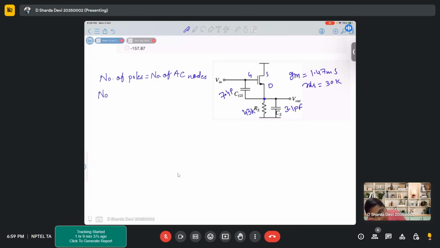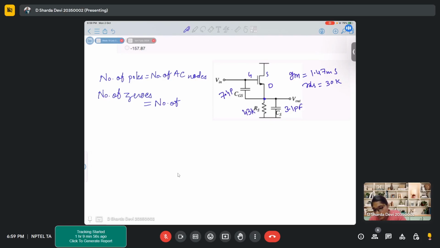Second, number of zeros will be given by the number of capacitors connecting your input and output node.